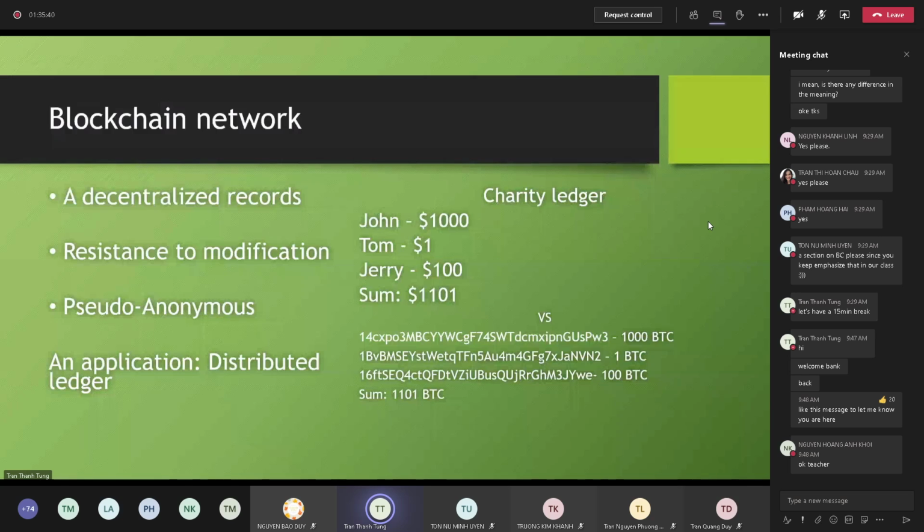So we call it the cryptographic hash function: it can convert any text to a fixed-length string or value, and that string is almost unique for a given input, and it is very sensitive to change.